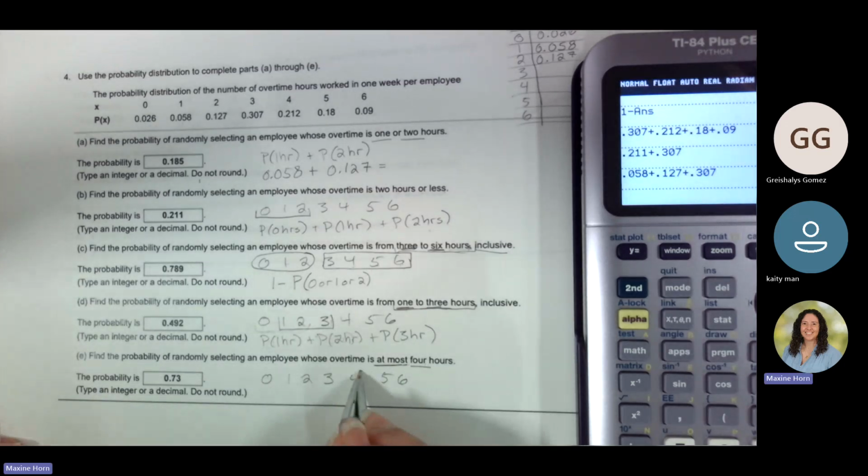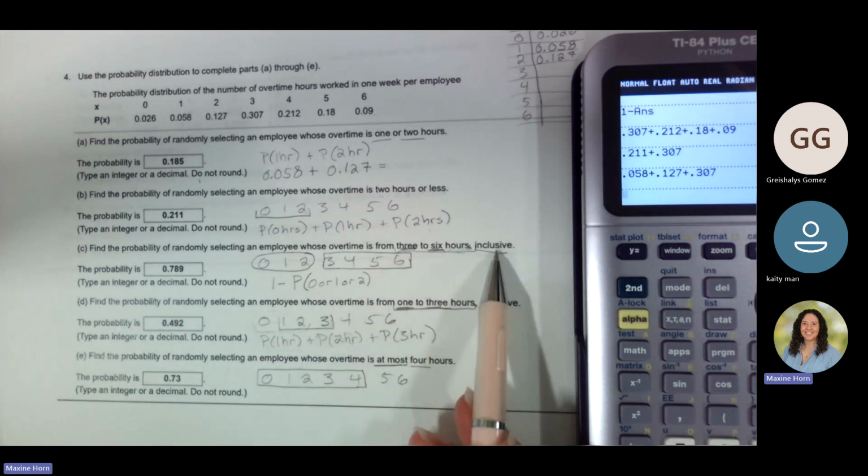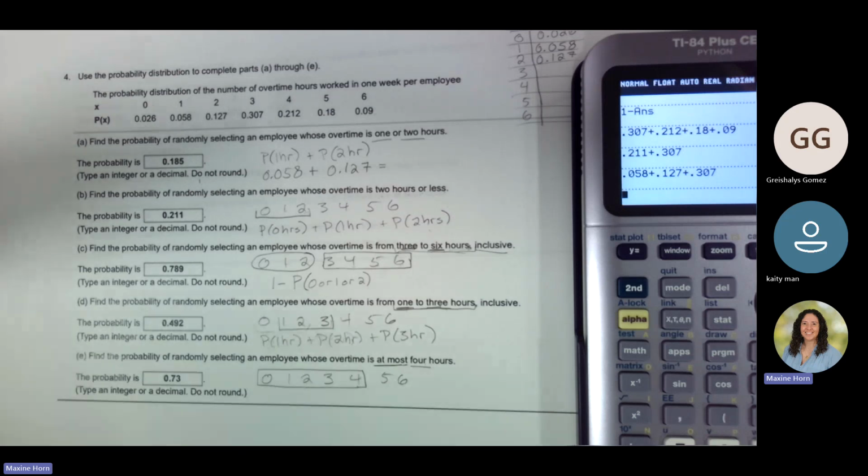So when we say at most 4, we're saying it can be everything up to and including 4. So you want to make sure that you're familiar with the different ways that they can word these: at least, or at most, or from this to this inclusive. Make sure that you've got a handle on that.